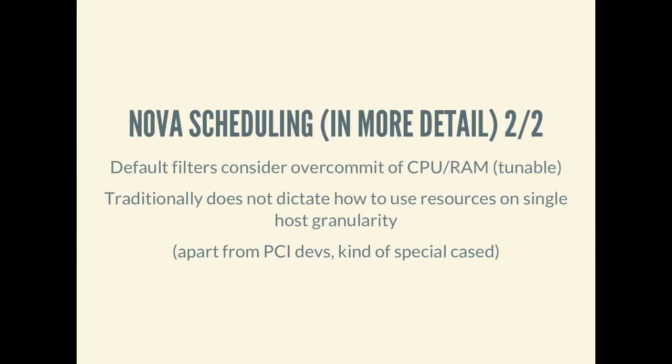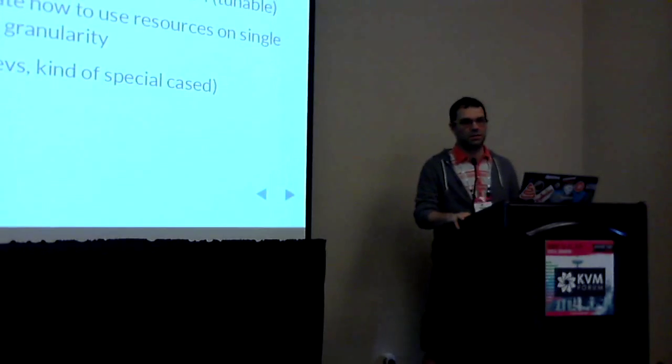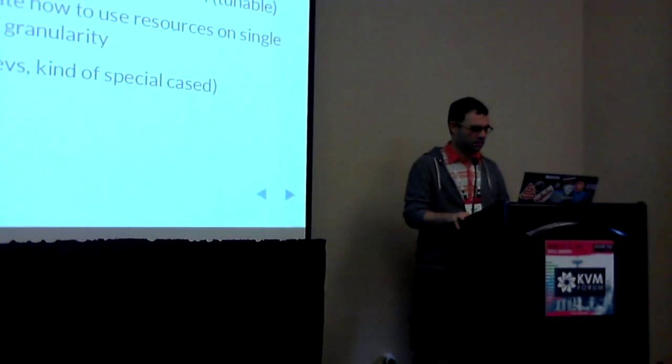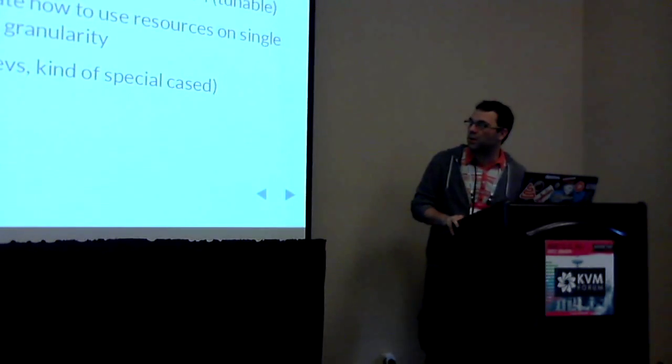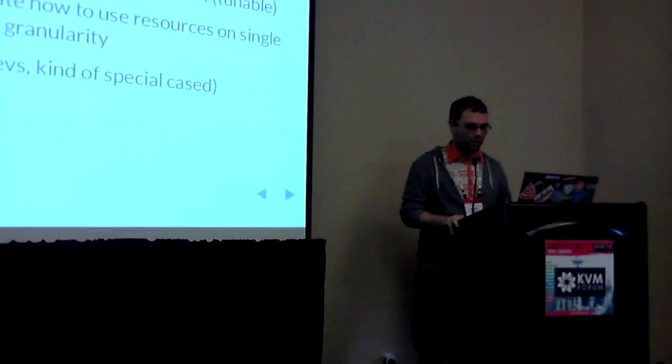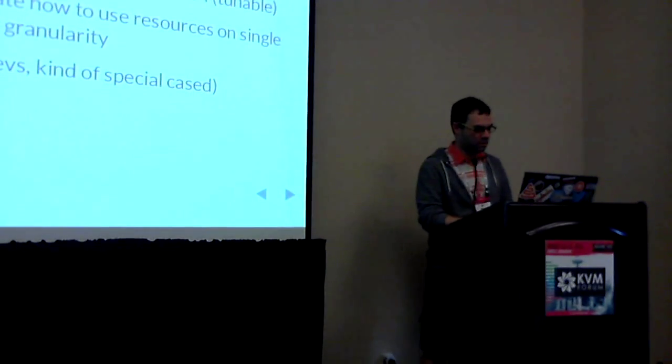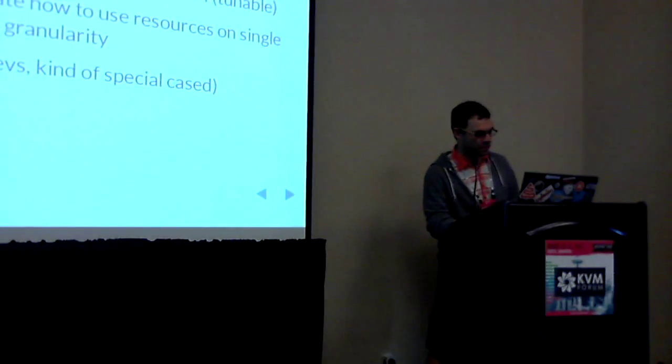The defaults are set in such a manner that there's overcommit, in line with the idea that we want to utilize our resources as efficiently as possible, so that there's no underutilization, or at least in theory.